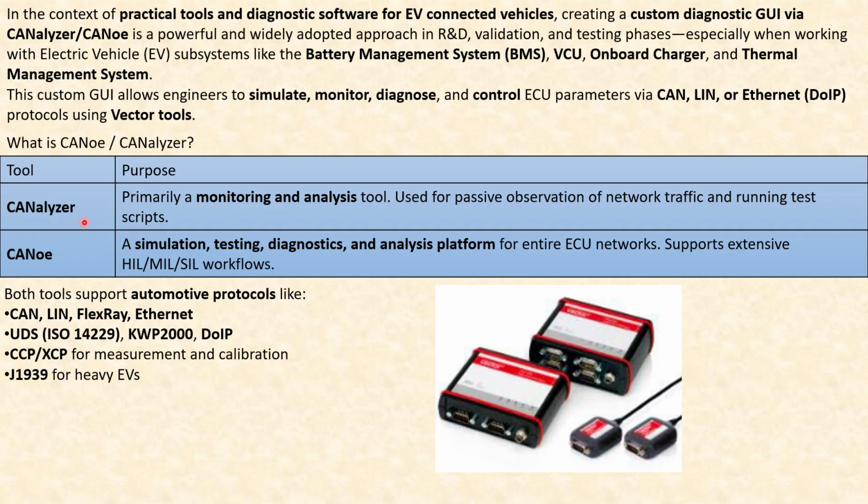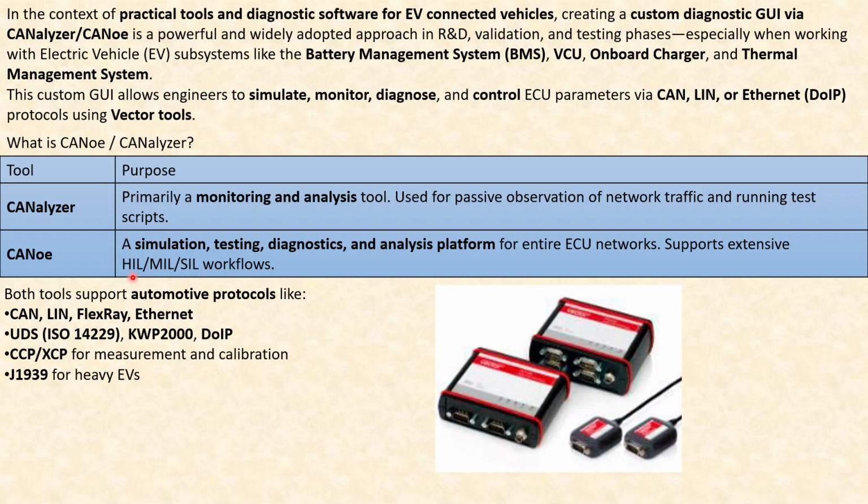First of all, CANalyzer is primarily a monitoring and analysis tool used for passive observation of network traffic and running test scripts. This sentence is important: primarily a monitoring and analysis tool. Now, when it comes to CANoe, it is a simulation, testing, diagnostics, and analysis platform for entire ECU networks, and it supports extensive HIL, MIL, and SIL workflows.